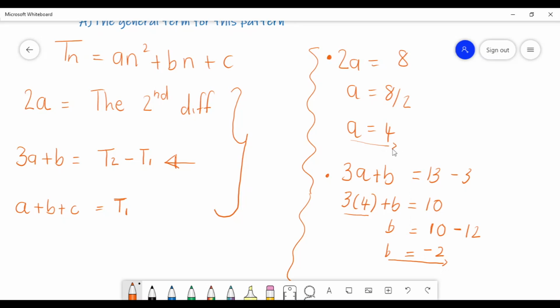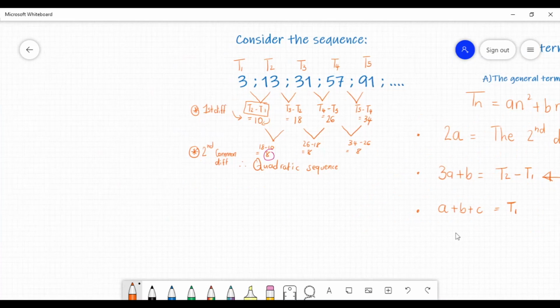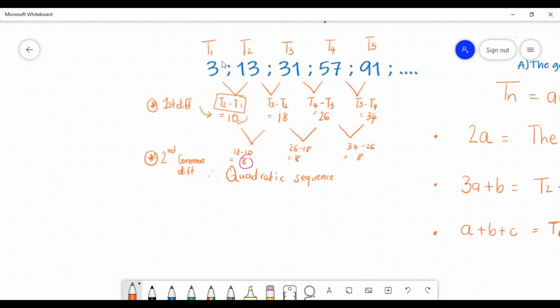And then, guys, the next thing we need to do, we need to say a plus b plus c is equal to T1. So a plus b plus c is equal to the first term that we have in our quadratic sequence. Going back to our quadratic sequence, what's the first term that we had? Our first term is equal to 3, right?